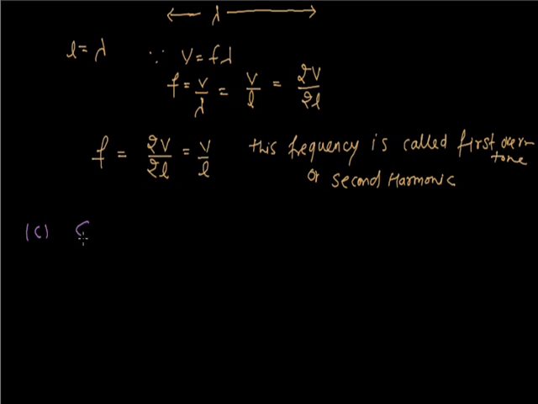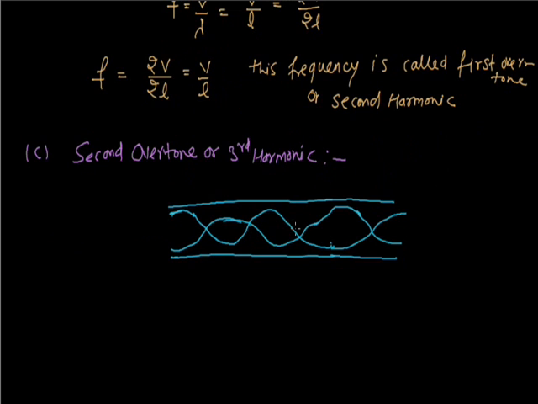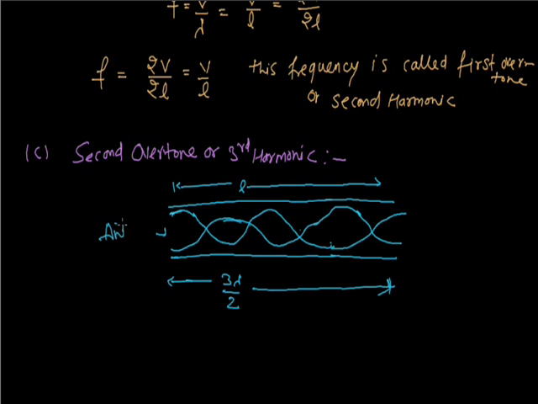Now we want to find the second overtone, or third harmonic. There are 3 nodes: 1, 2 and 3. So the second overtone has 3 nodes and the third harmonic has 3 nodes. If the length of the organ pipe is L, what will be the wavelength? That is 3 lambda by 2: antinode, node, antinode, node, antinode.